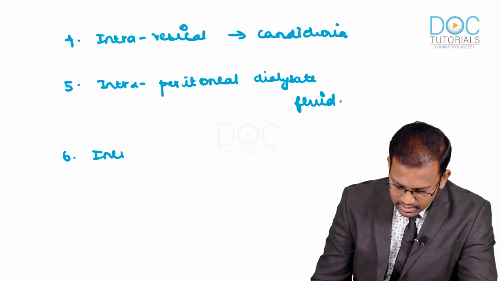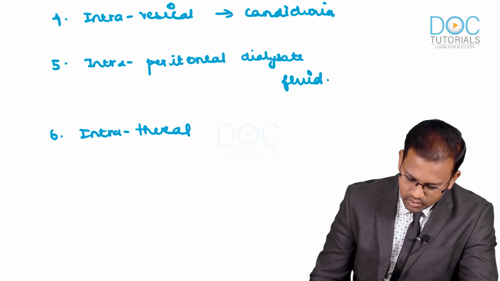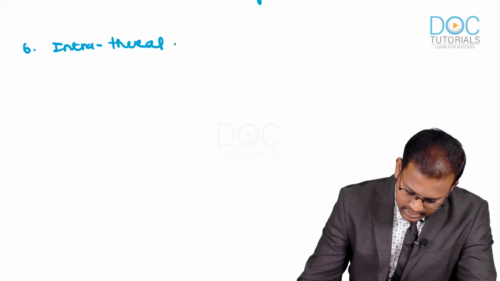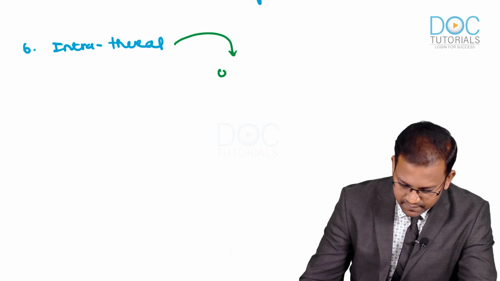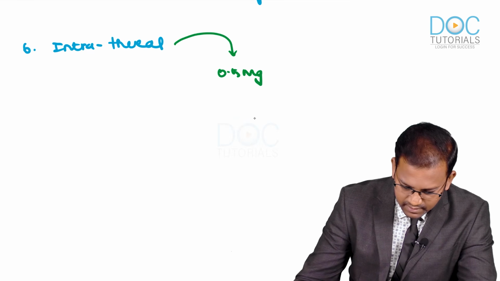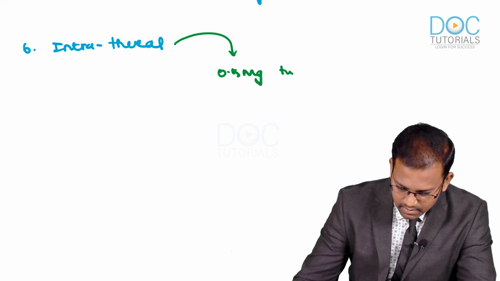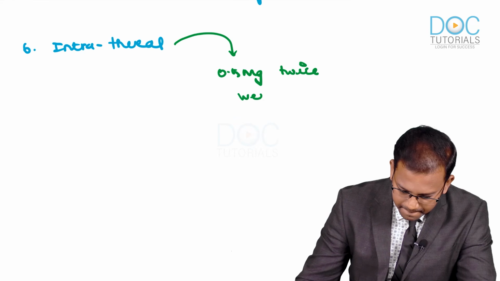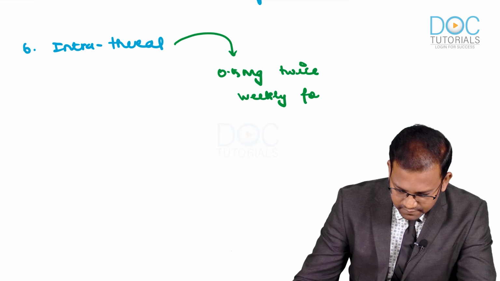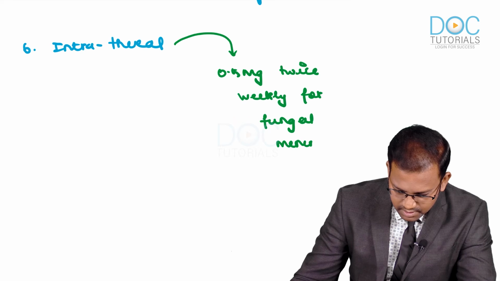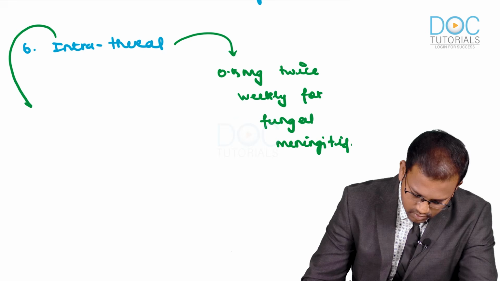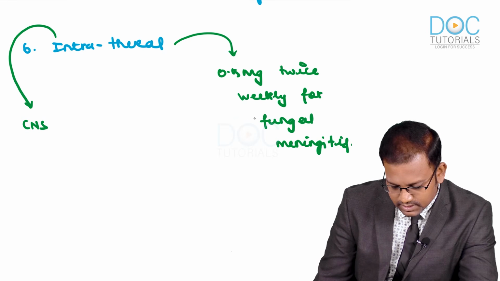Lastly, intrathecal also we can administer amphotericin B, but mostly we don't prescribe this. Why? The intrathecal route can be used at 0.5 milligrams, given twice weekly for fungal meningitis, but it might produce severe CNS toxicity, guys.